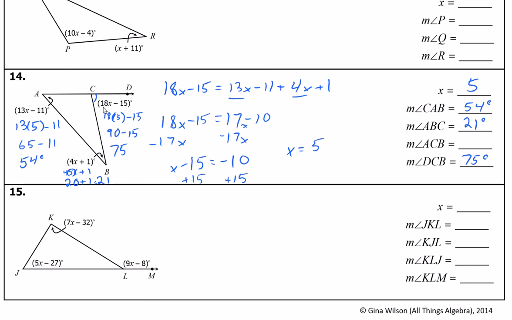Now we can either add up 54 and 21, subtract from 180 to give us the other angle, or we can just do 180 minus 75, giving us that the other angle would have to be 105. And now just to double check, 54 plus 21 does equal 75, where the exterior angle should be.